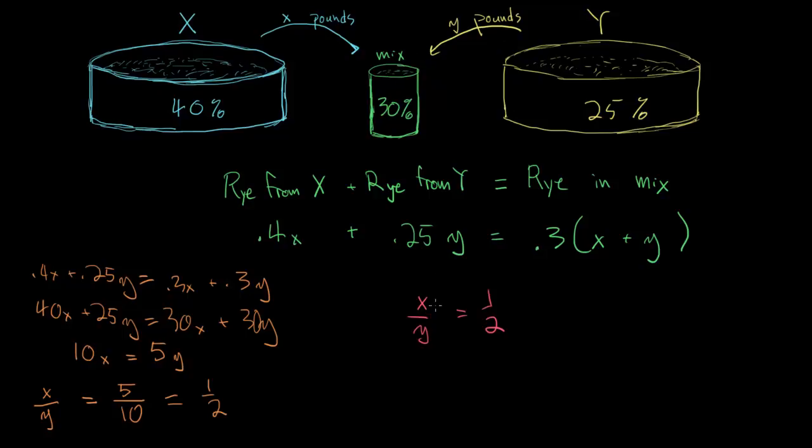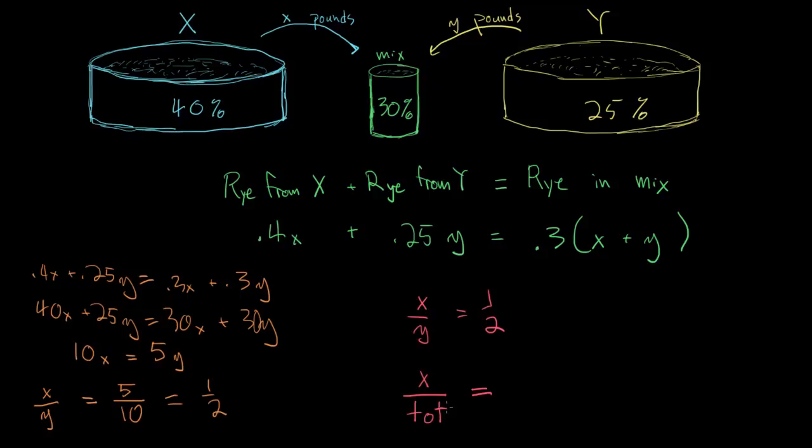So if x over y is 1 over 2, that means that for every 1 pound of x that's in here, there are 2 pounds of y. And is that what we're looking for, x over y? No, right? The question's asking us what percentage of the total is x. So we don't really want x over y. We want x as a proportion of the total, as a percentage of the total.